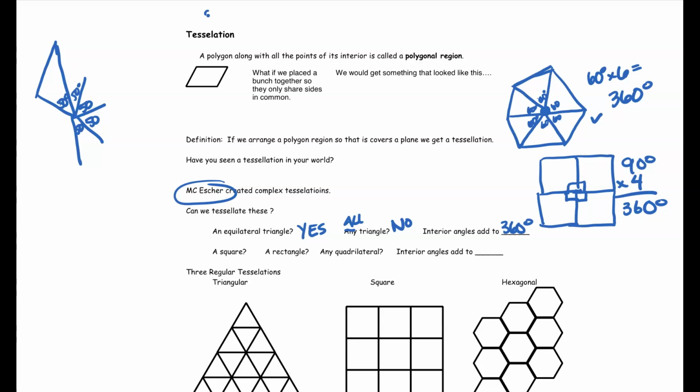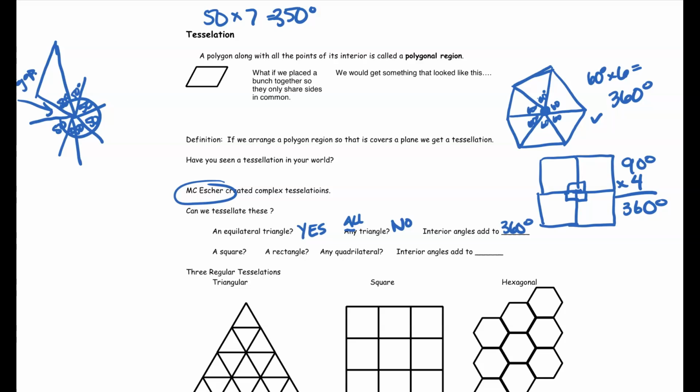I know 50 times 7 is 350. If I put 7 of these together, 1, 2, 3, 4, 5, 6, 7, we end up fitting them, but then there's a gap with some space left over. It's 10 degrees extra because I'm at 350 and there's not quite enough room to stick another triangle. So not all triangles are going to tessellate, but an equilateral triangle will.